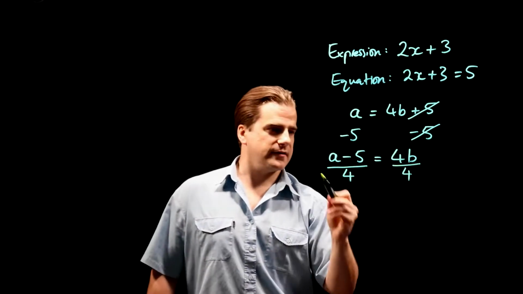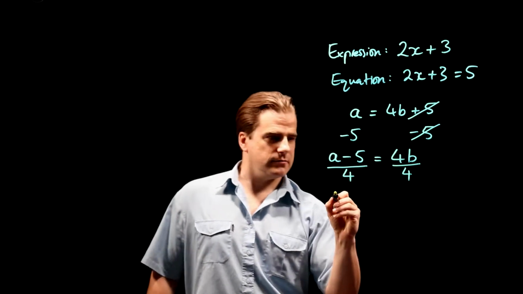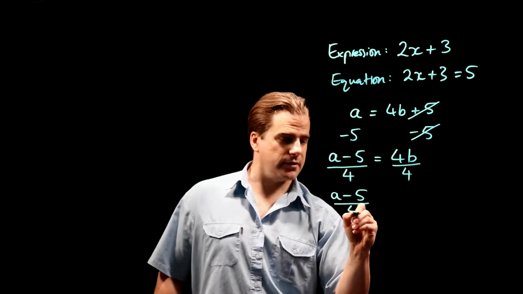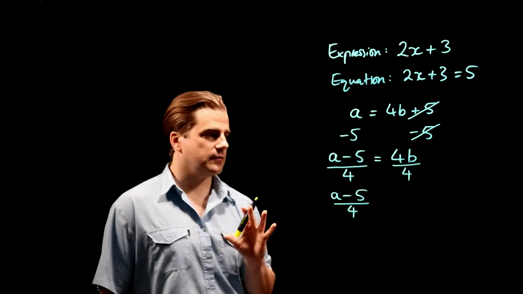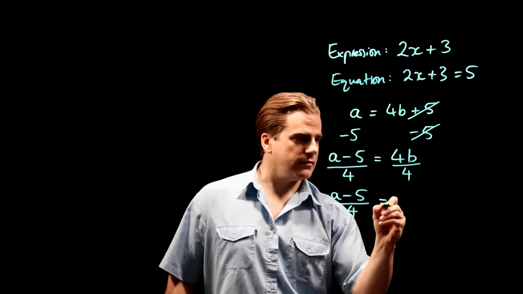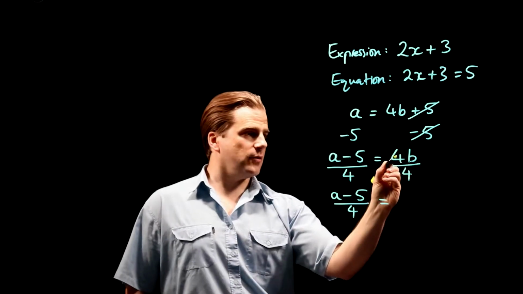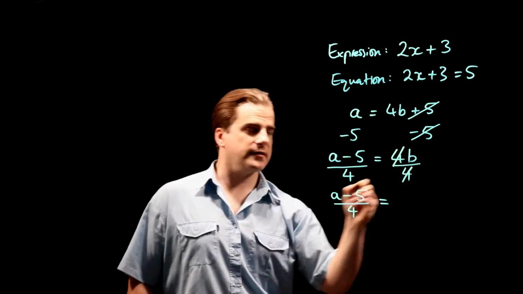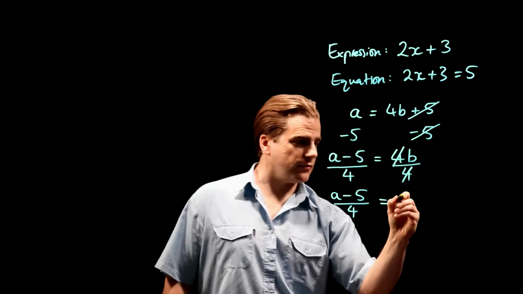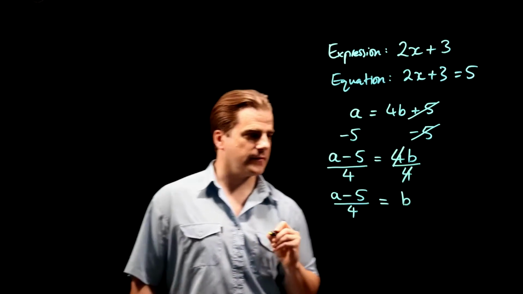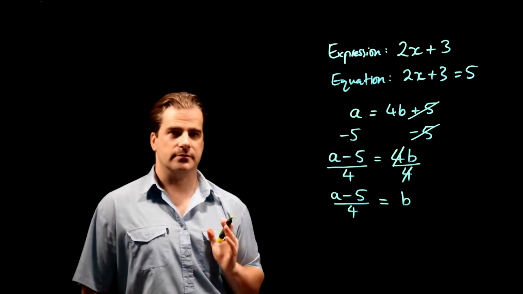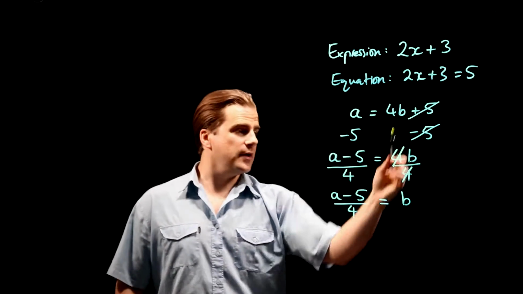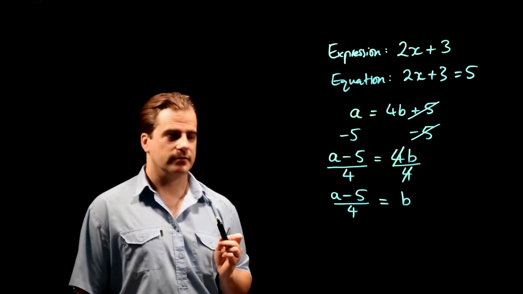So, that side doesn't change. That's as simple as it gets. Okay? Now, on this side, we've got b times 4 divided by 4. So 4 on the top, 4 on the bottom, they cancel. And you're just left with b. Okay? We've done it. We've made b the subject of the equation. It's now in the form b equals something.